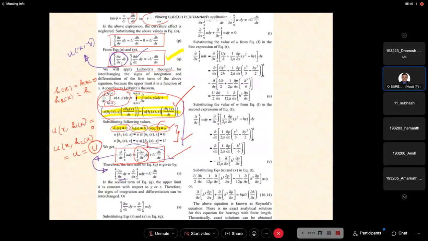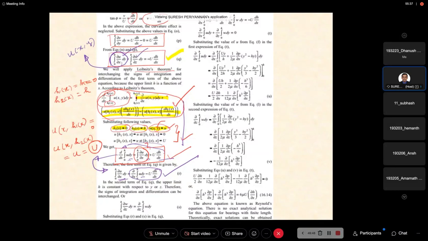Now it is dou by dou x into the integral 0 to h of u dy, minus this term, u into dh by dx. So now we have understood the integral 0 to h of dou u by dou x into dy, obtained from this Leibniz theorem.